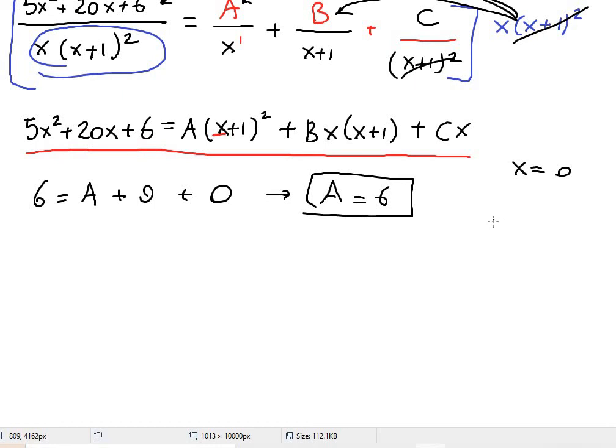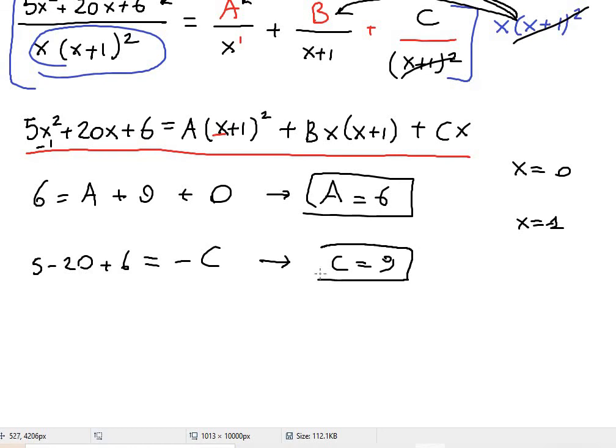This time let's pick x as -1. If x is -1, then this is going to be 5 minus 20 plus 6, is equal to -1 plus 1 is 0, this is gone. -1 plus 1 is 0, this is gone, and this is going to be -c. So it's going to be -15 equals... -9, c is -9, so c is +9. We solved for c as well.